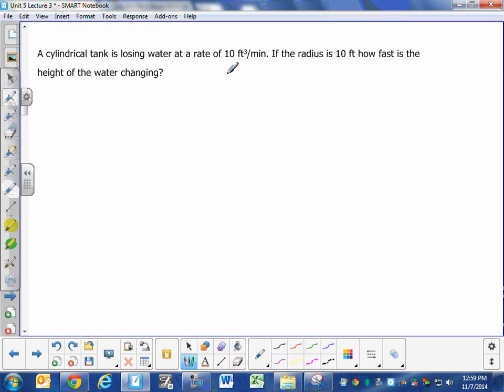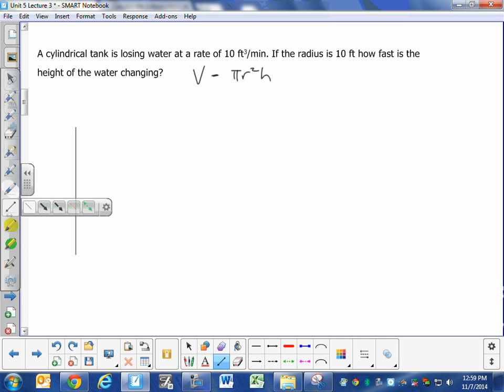I will tell you that the volume of a cylinder is equal to pi r squared h. I want you to try this guy. And I'll do it as well. And we can talk about what your thought process was versus mine.